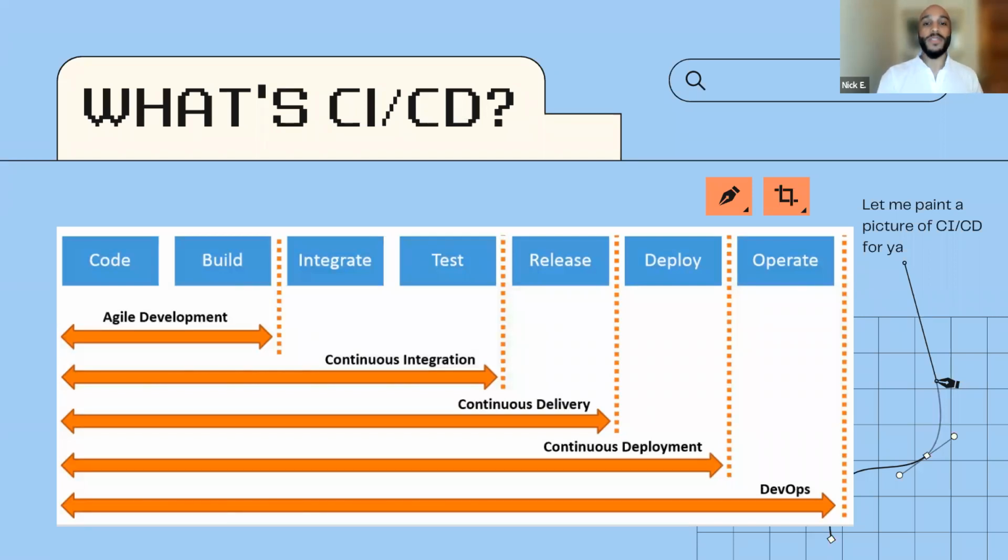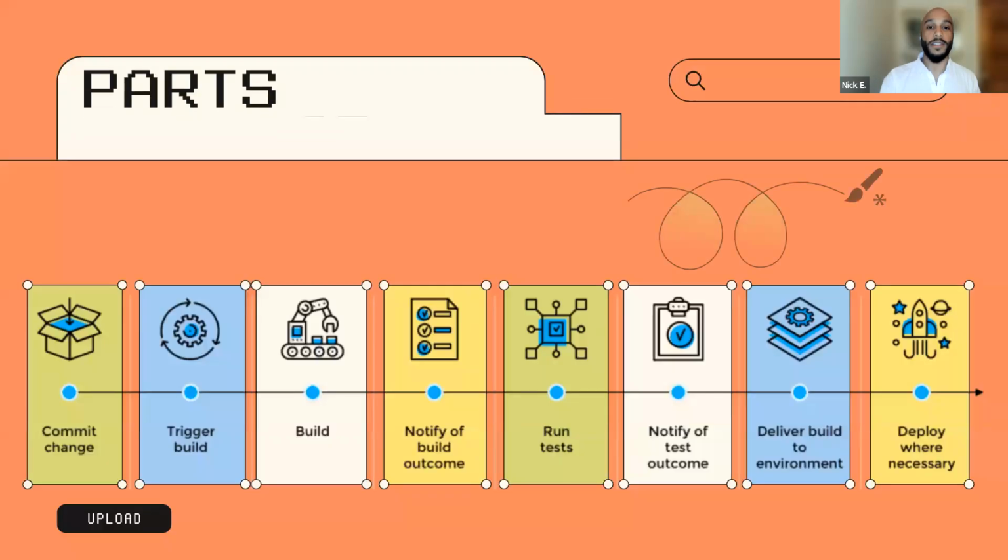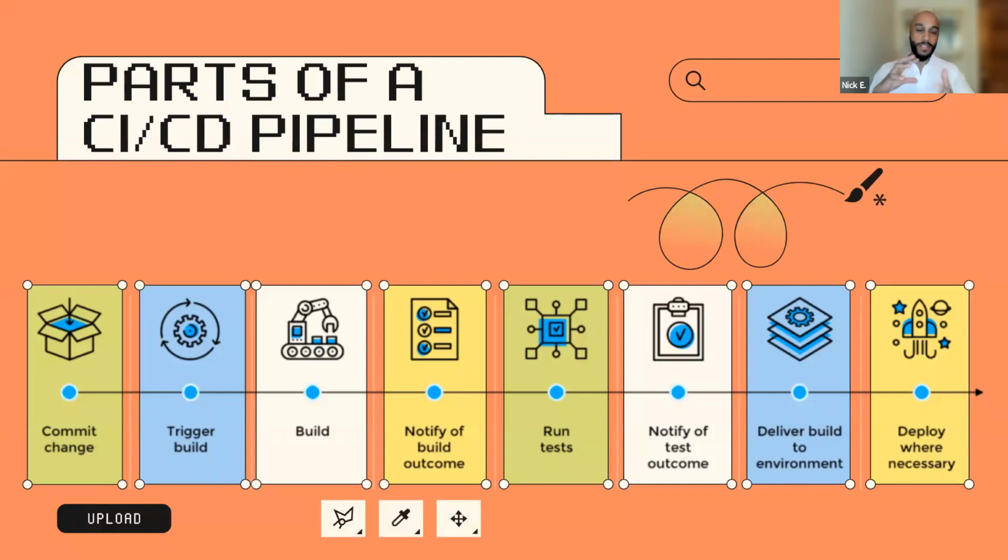With that in mind, let's move on to a bit more detail and talk about what the parts of this CI/CD pipeline look like. In front of you, you'll see a number of different stages or parts of the pipeline.